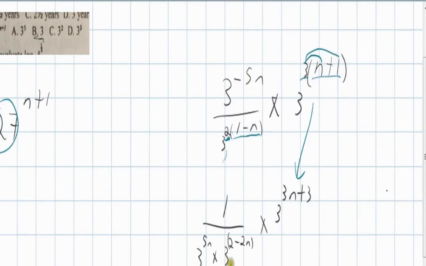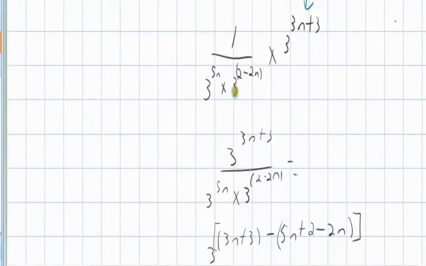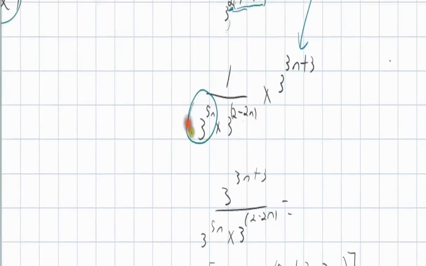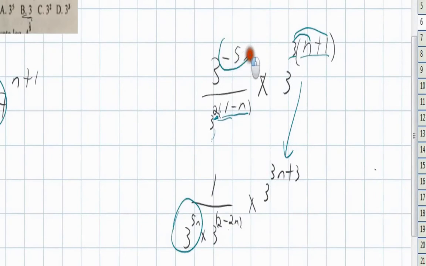Over here, I've also done the same thing with this part. I said 3 to the 2 minus 2n. So why is this on the bottom now? This negative over here on the negative 5n means that it's just on the bottom. So now I have 3 to the 5n times 3 to the 2 minus 2n, and that's in a fraction underneath 1.